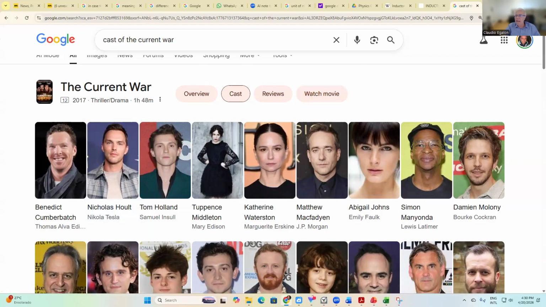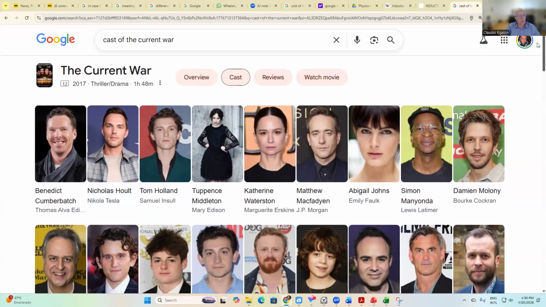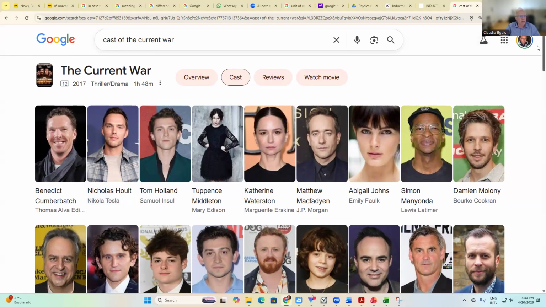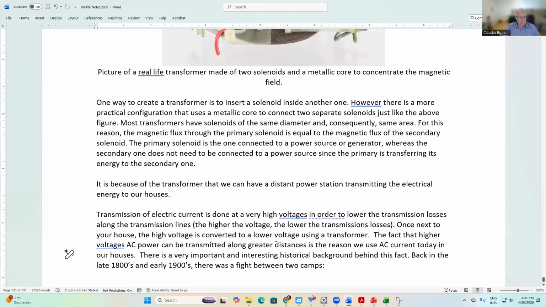And then finally he managed to associate himself with George Westinghouse. He was more successful with George Westinghouse, and managed to win the war against his former boss, Thomas Alva Edison. That's the whole story behind this drama and behind this technology.